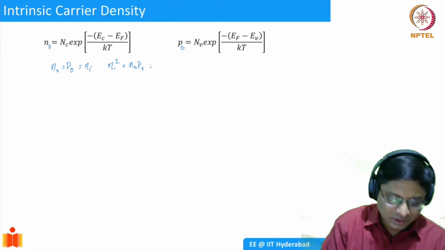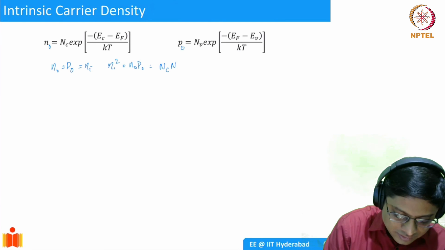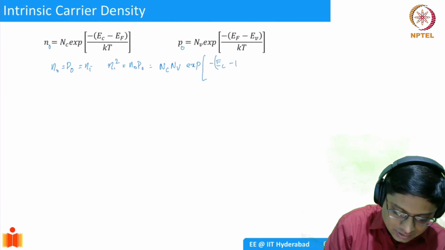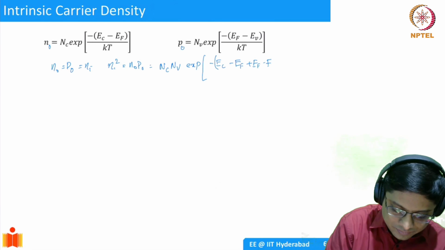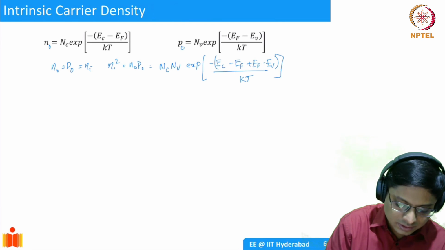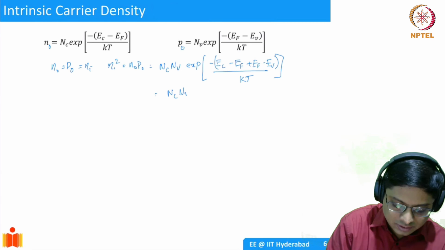That is going to be NC NV exponential, and I can sum up all the terms: EC minus EF plus EF minus EV by KT. That is equal to NC NV exponential minus EG by KT.